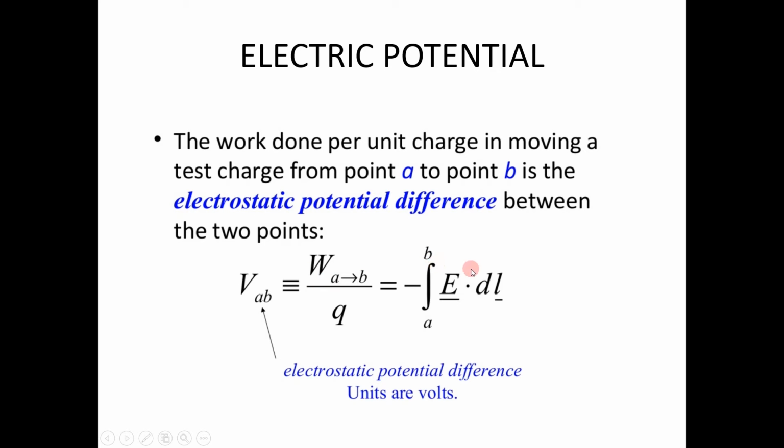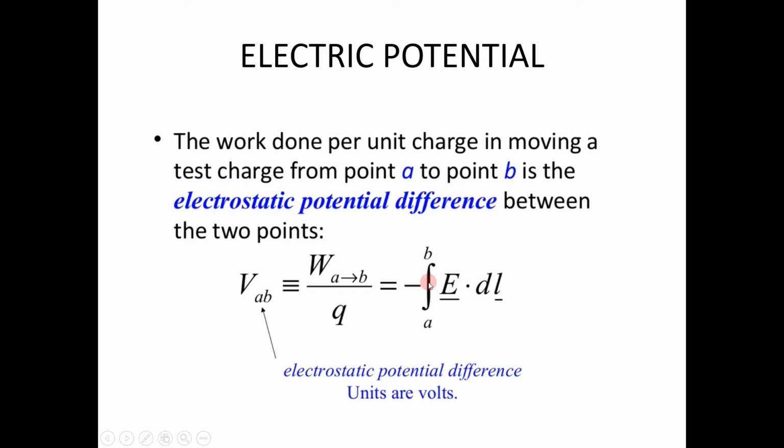Okay, and the unit is volt, and also you can note that from this equation all these are dealing with scalar quantities. Here also you are taking the line integral. So all these are just magnitudes, and electric potential is a scalar quantity. Its unit is volt.